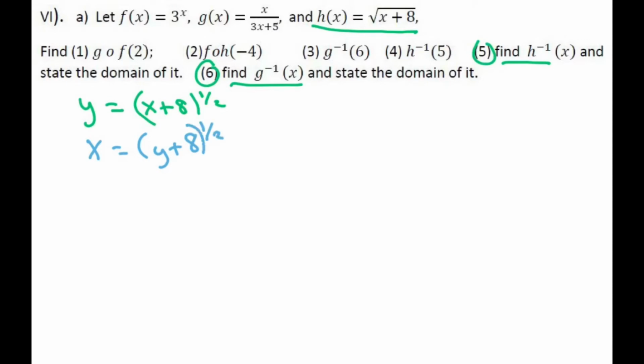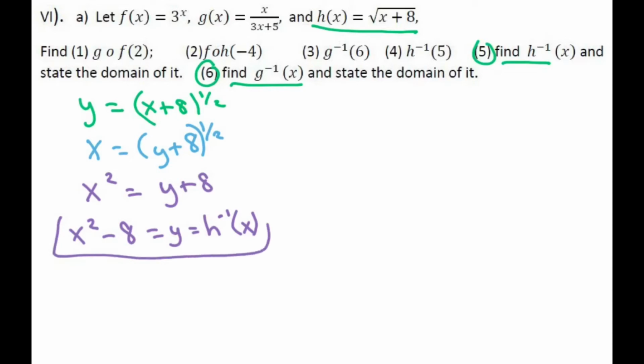That's your inverse. We need to solve for y, so we square both sides. The 1/2 goes away and you get x squared equals y plus 8. Then you subtract the 8, so you get x squared minus 8 equals y, which means this is your h inverse of x.